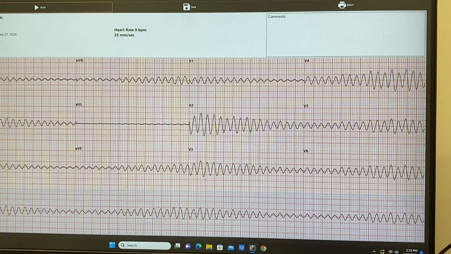Tachy. Okay, what kind of tachy? Ventricular tachycardia. So we have a VTach. So you would have been already correct with that.